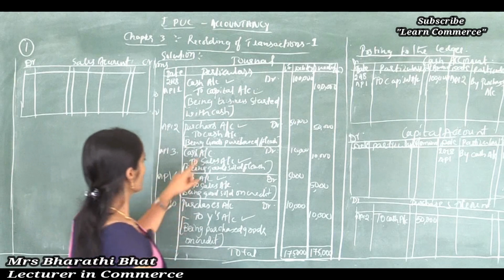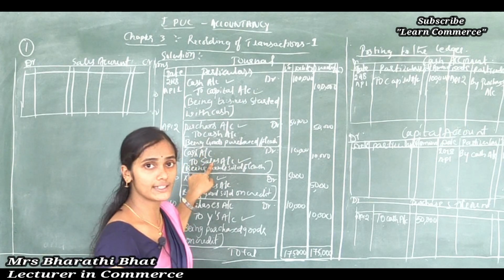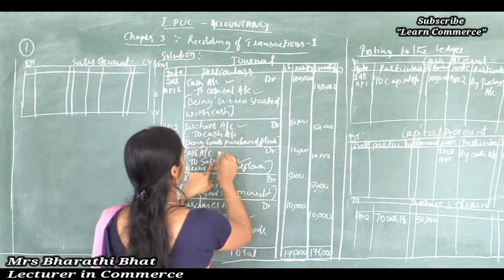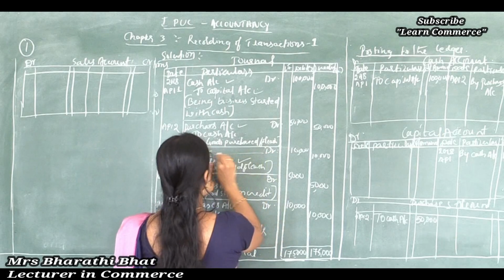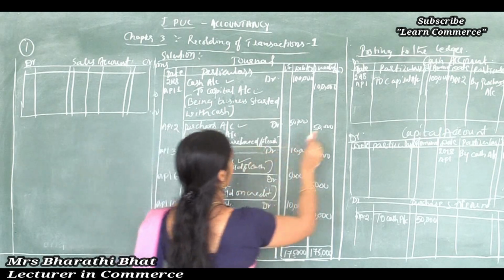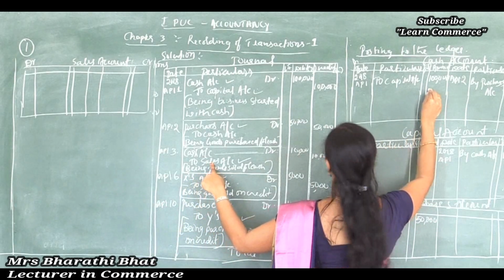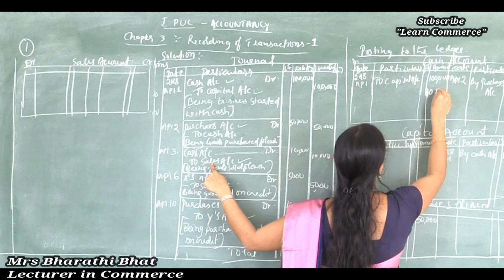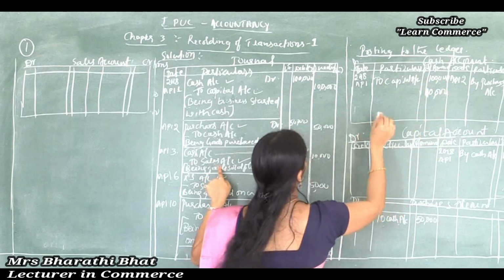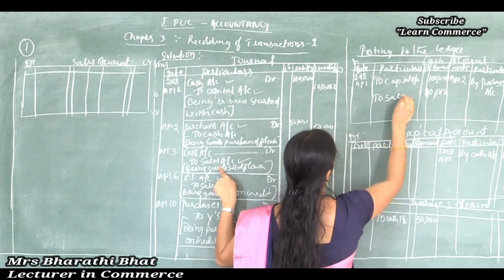Cash account debited to sales account. First consider this cash account. Immediately the cash account is debited, so record 10,000 in the amount column.